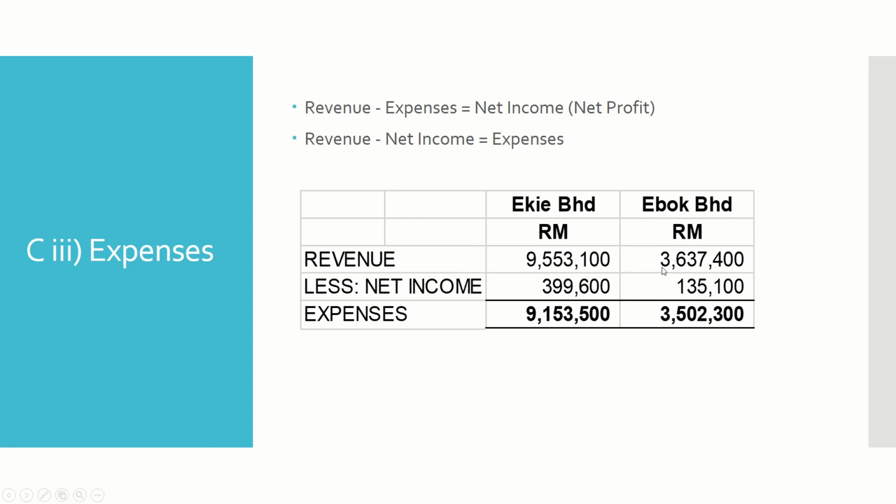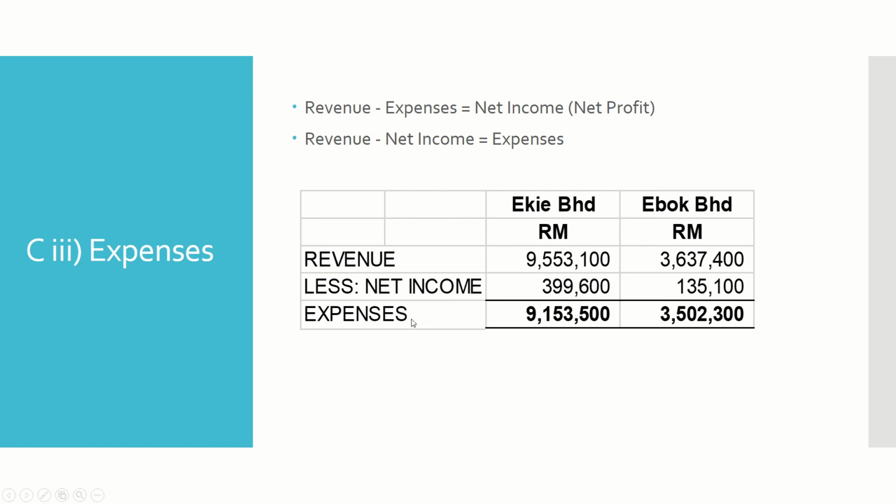Ibu revenue is 3,637,400. Net income is given in the question. Iki Berhad, net income is 399,600. Ibu Berhad, net income is 135,100.